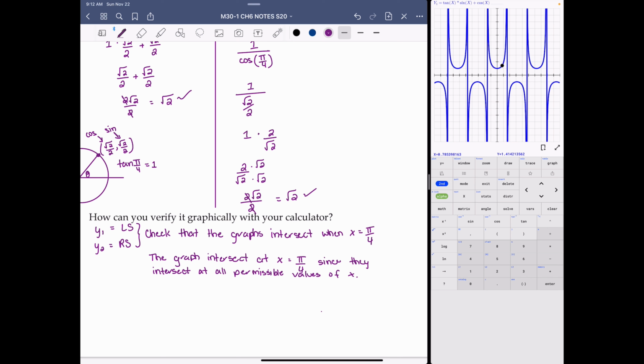So we can write: find the y value for each graph when x equals pi over 4 and check that the values are equal.